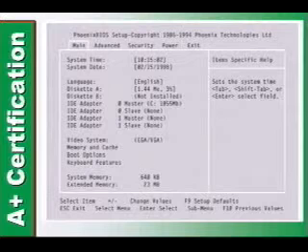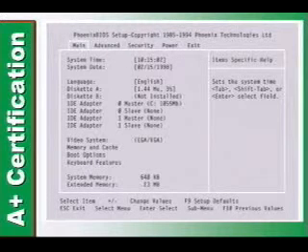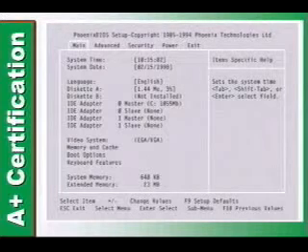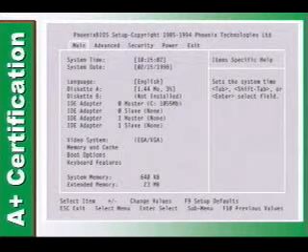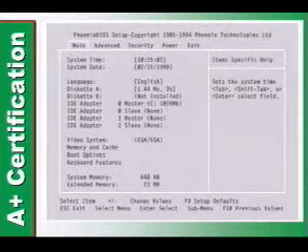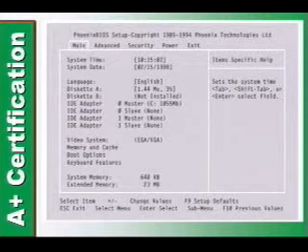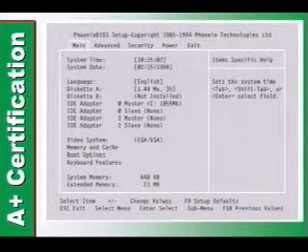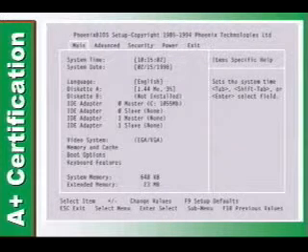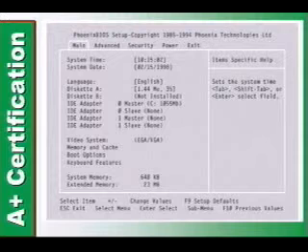We can take a look at this one here, and this is Phoenix BIOS setup, and you can see they have the copyright on top, and we begin with the system time. And the system time, of course, is going to be what date it is and what particular time it is during the week.